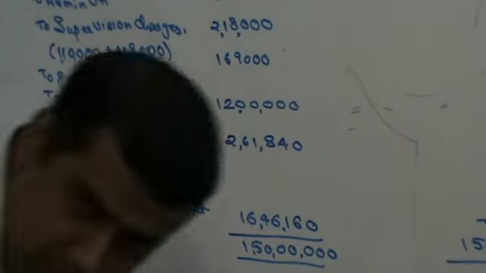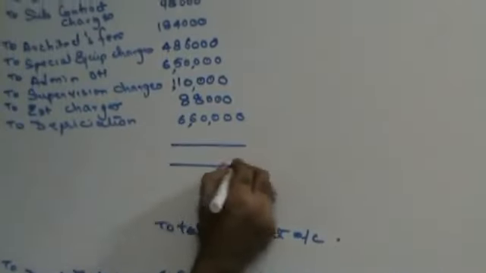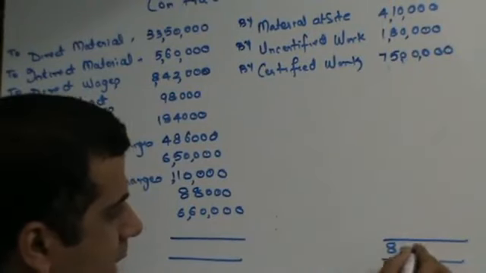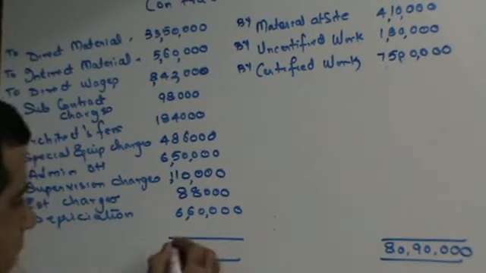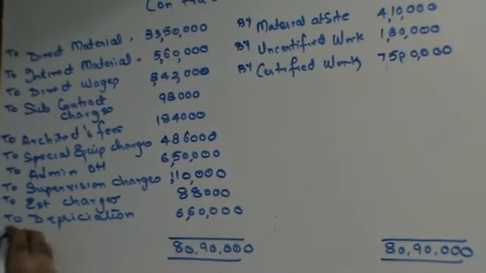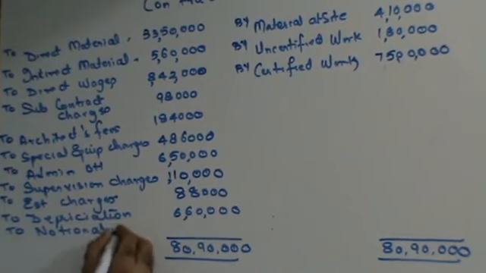Let's leave that there for the time being. Let's tally this. 80 lakh 90,000 credit side. Credit side is 80 lakh 90,000. This is going to be notional profit.